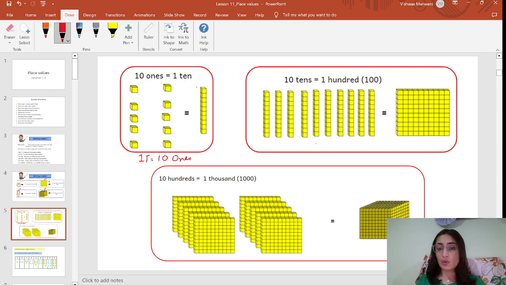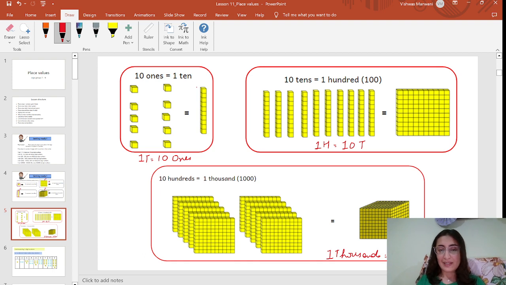Thus, we can conclude that 100 is equal to 10 tens. Similarly, 10 such boards combine to give us 1000. So, we can conclude that 1000 is equal to 10 hundreds.